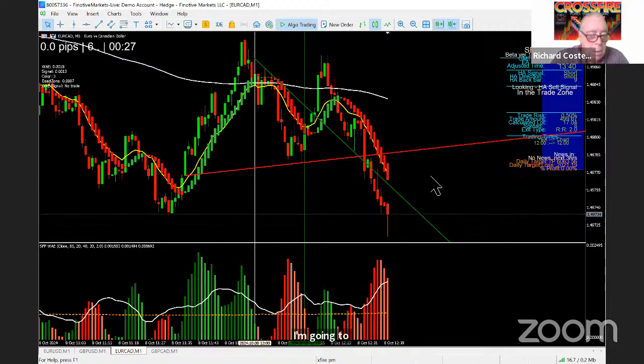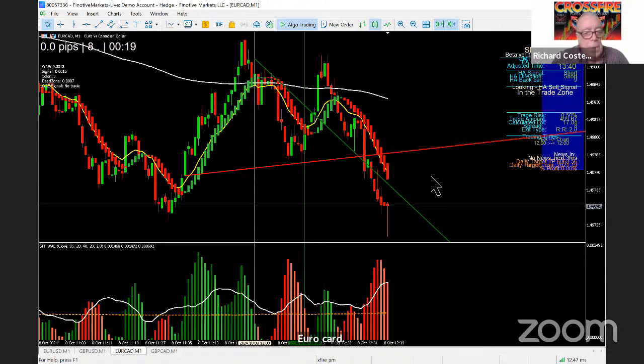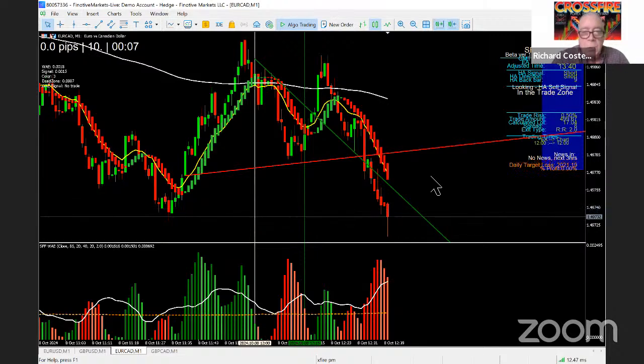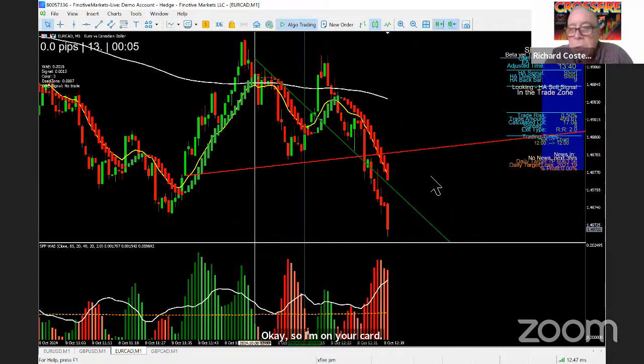Eurocard. Okay, so I'm on Eurocard. I want to trade. What's my lot size?